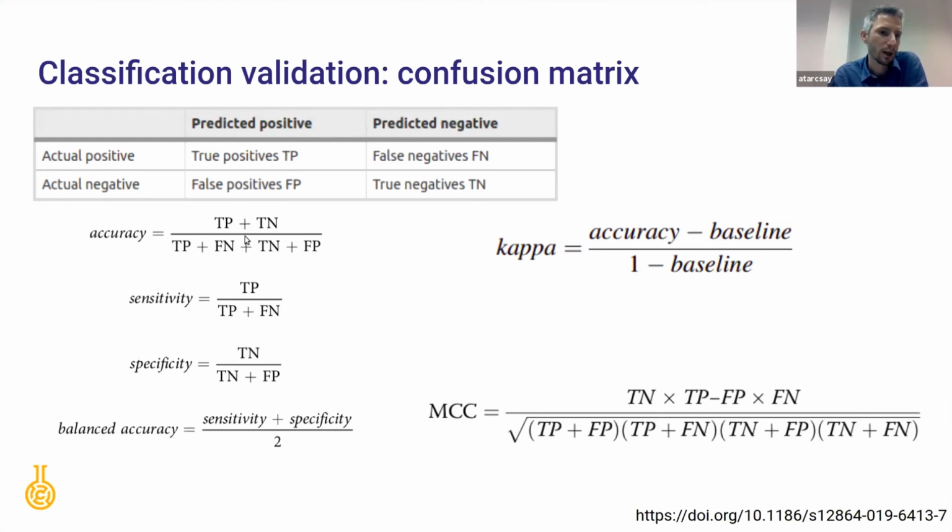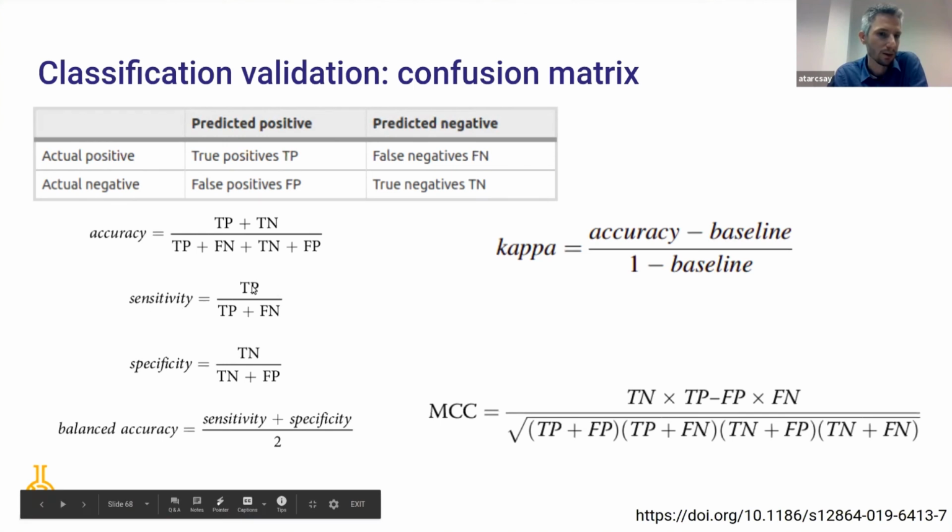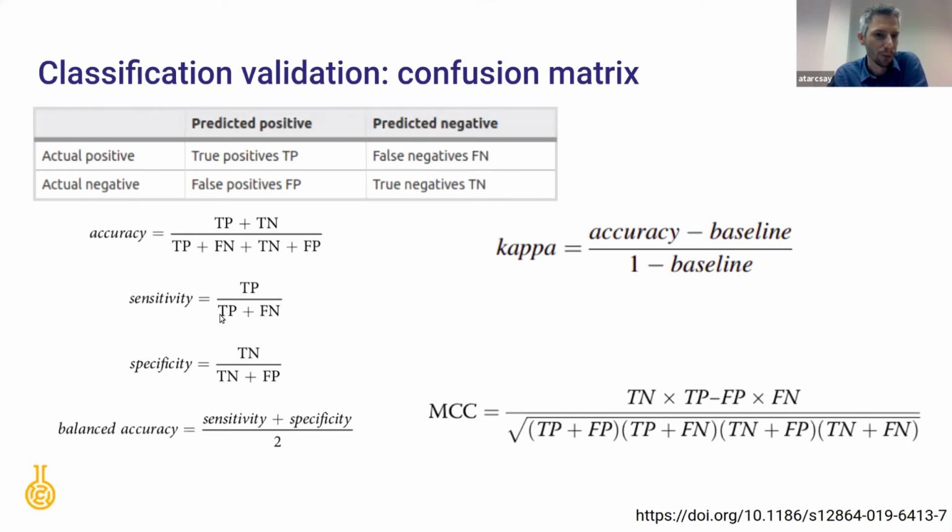And you can calculate accuracy, what was the successful predictions compared to all of them, or balanced accuracy, or sensitivity, that calculates the true positives divided by true positives plus false negatives. So from this confusion matrix, you can have different readouts that specify the accuracy of your model.